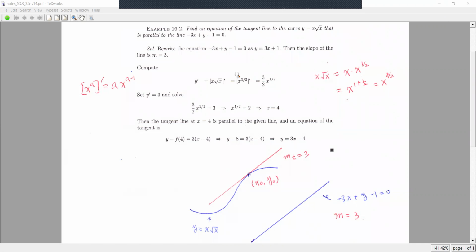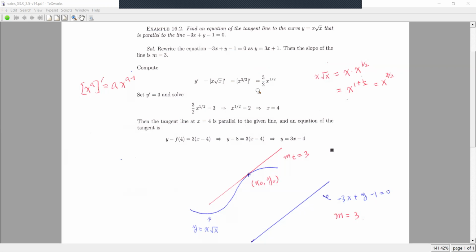The derivative of x to 3/2 is 3/2 times x to 1/2 by this formula. This is the derivative of the given function, and also it is the slope of the tangent line to the graph of the given function at the general point x.